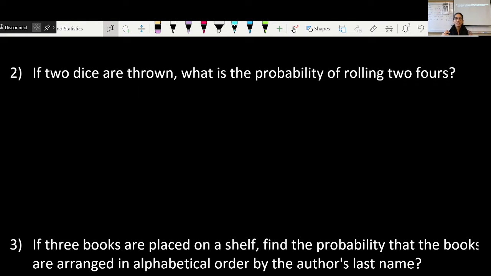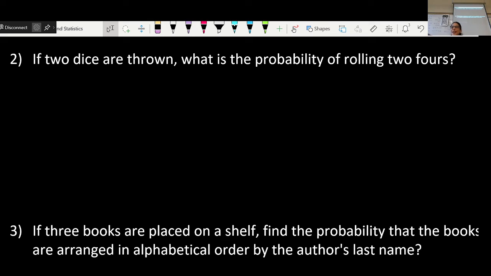I feel like we haven't done something quite like this before. If 2 dice are thrown, okay, remember we talked about how many possibilities on one die? 6. There's 6 faces, so we're going to assume it's just a basic regular die. So if I took 2 of these, oh, look at that. I actually have another one that I put back here because it holds up my computer that I'm going to have to put back.